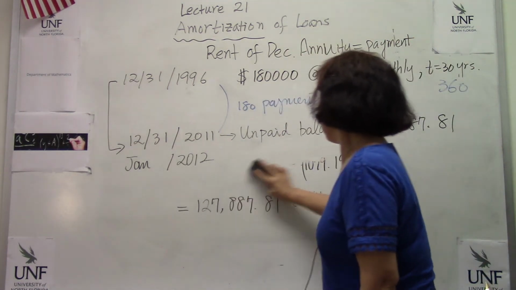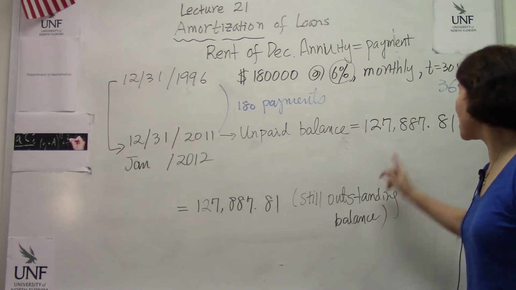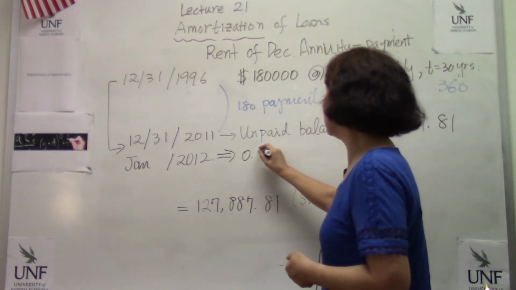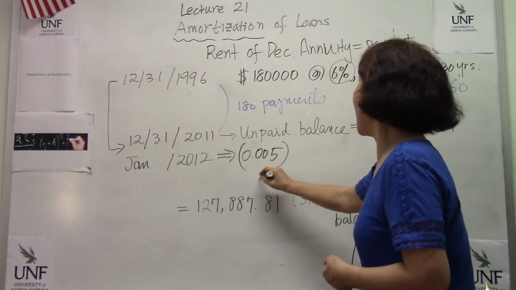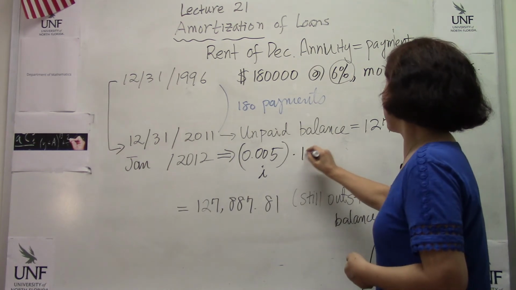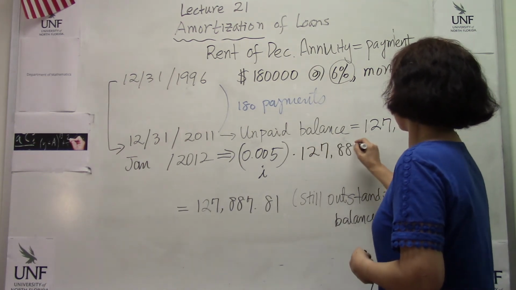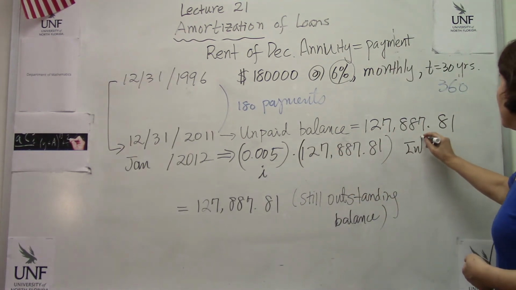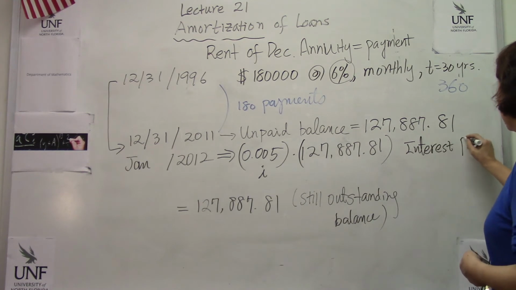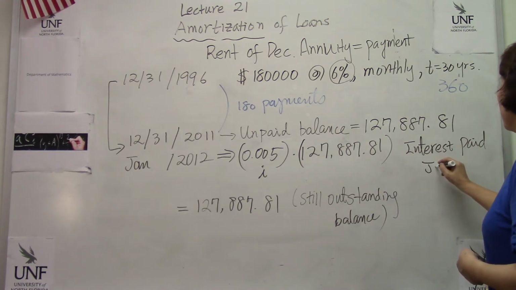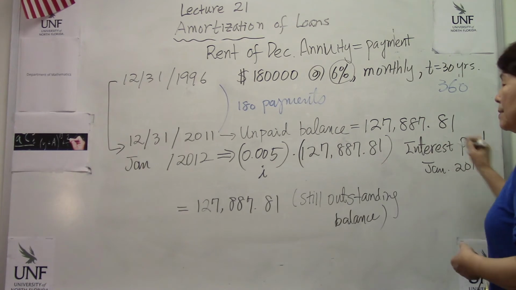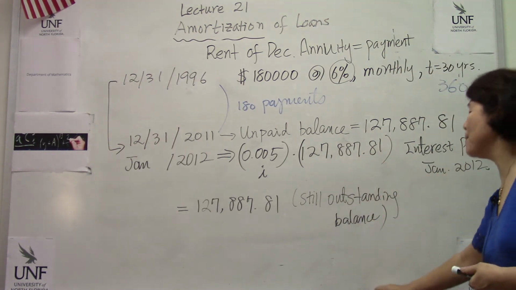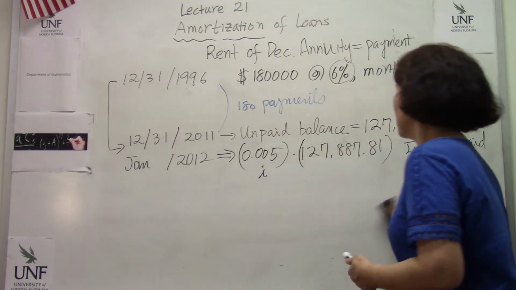Every month you pay 0.5% of the unpaid balance, correct? So 0.005, in other words i, times the unpaid balance. This much is going to be the interest paid in January 2012: interest rate i times the unpaid balance at the current time.